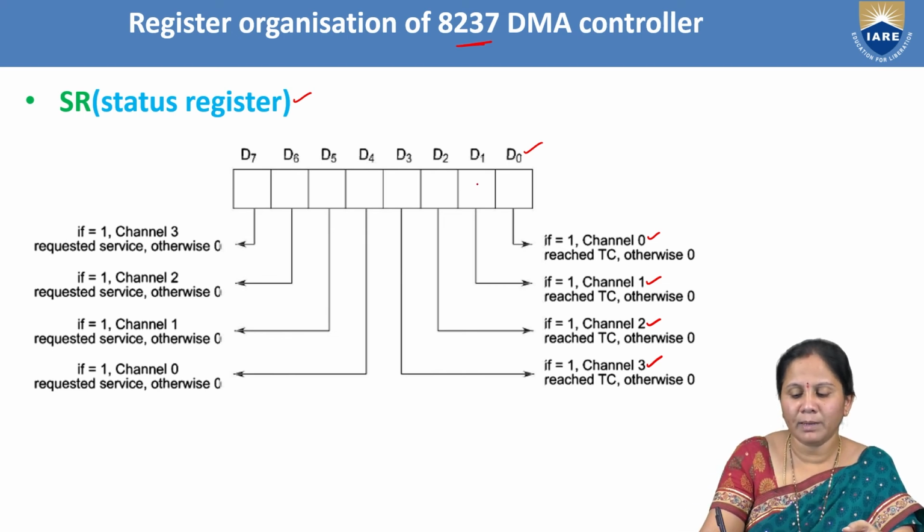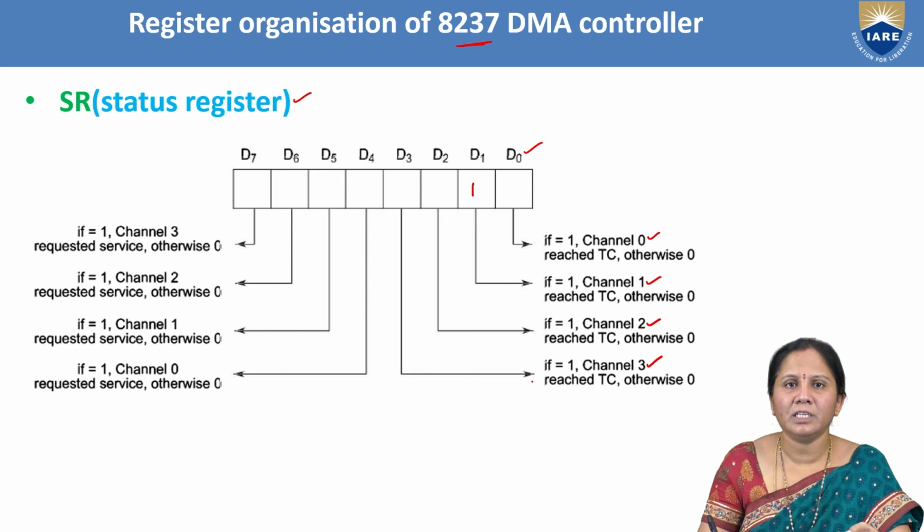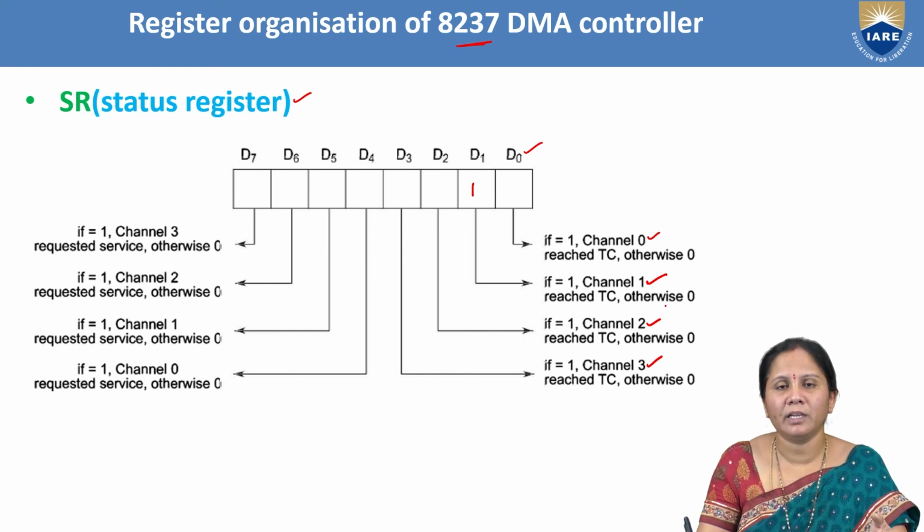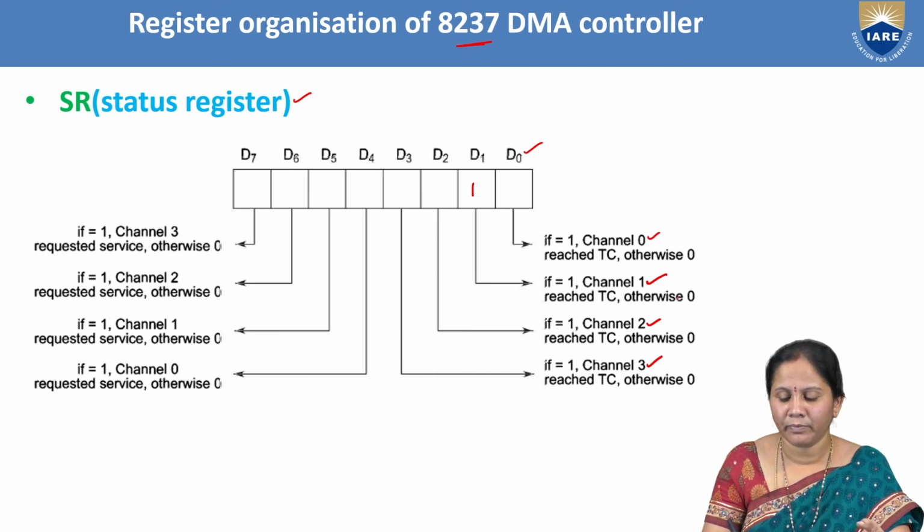For example, if this D1 bit is set to 1, it indicates that channel 1 has reached the terminal count condition. That means channel 1 has transferred the complete data. So for each channel, we have a terminal count bit.